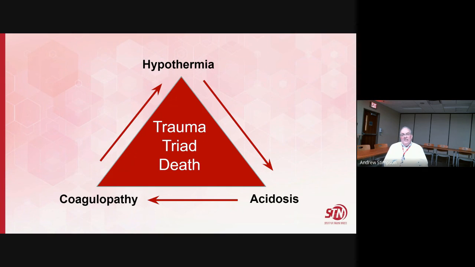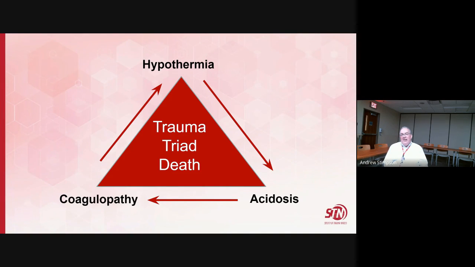When you get cold, like all enzymes, they stop working. And rather than having a single enzyme deficit, if all of your coagulation factors stop working, that's worse than just having one. As your temperature goes down, they can function as if there's only 10% of your coagulation factors, which is disastrous.